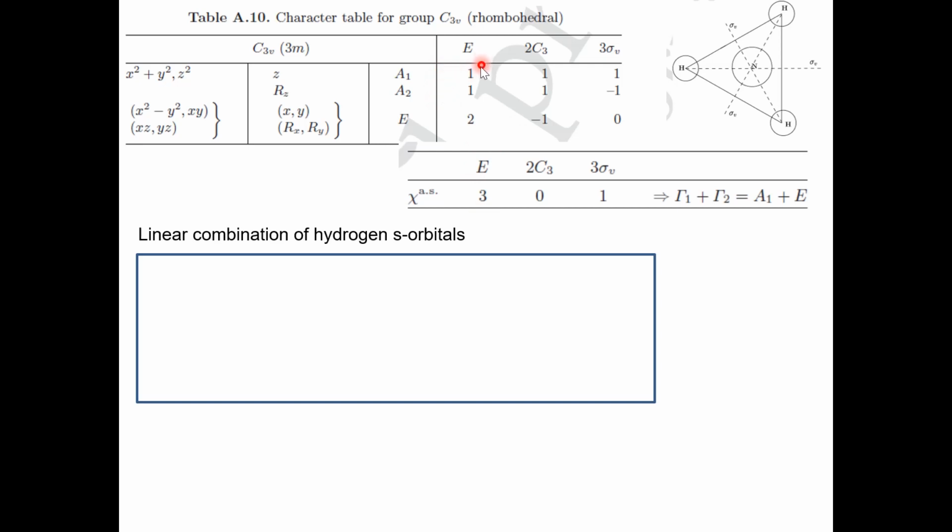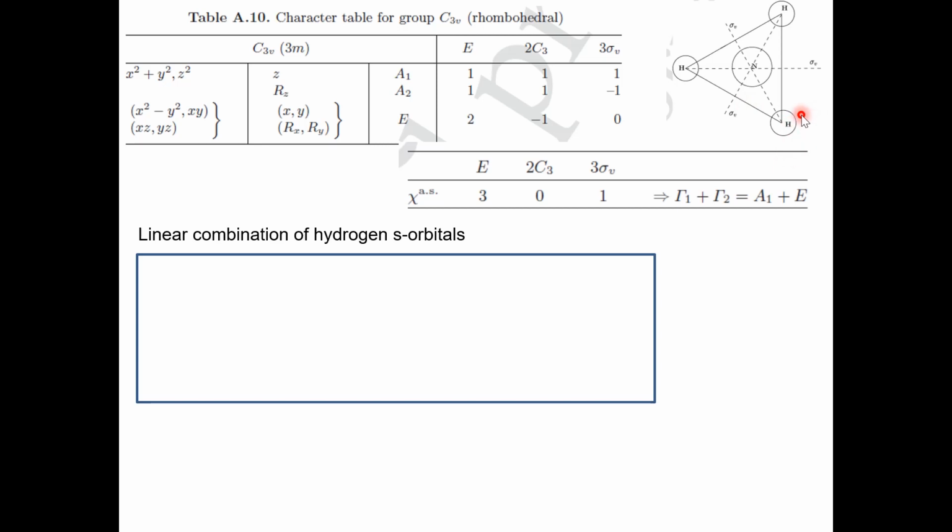Okay, so let's start the analysis from the group theory point of view. This is a C3v symmetry, the point group C3v. Remember that although this looks like a planar molecule, the molecule is not planar.